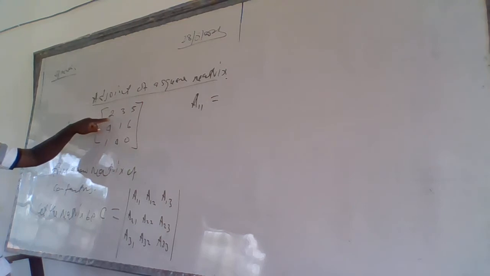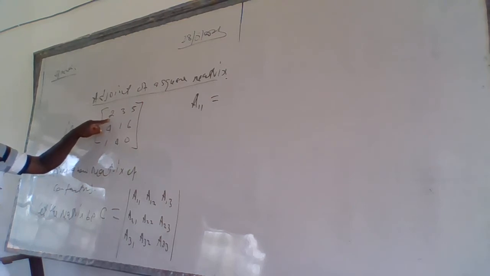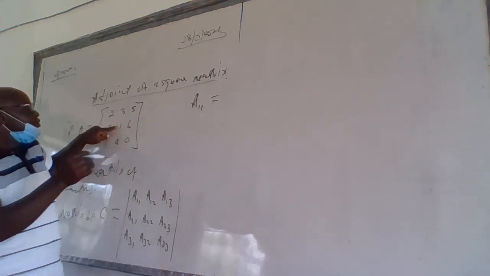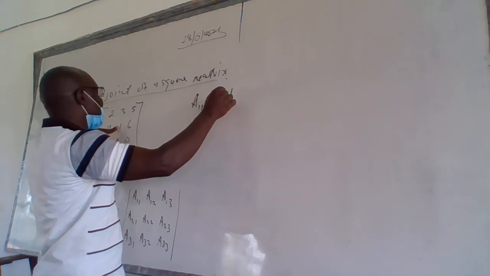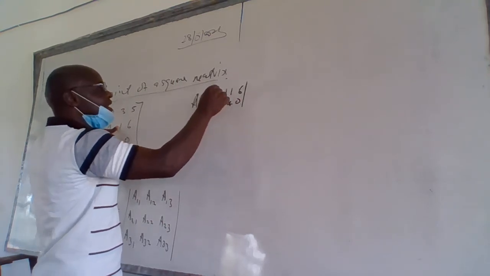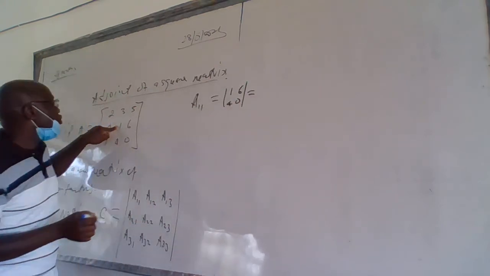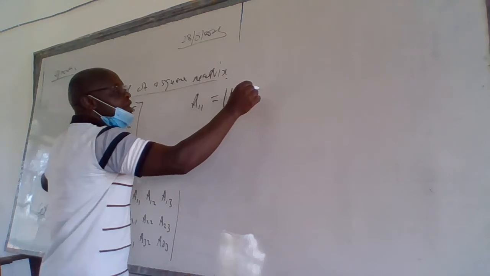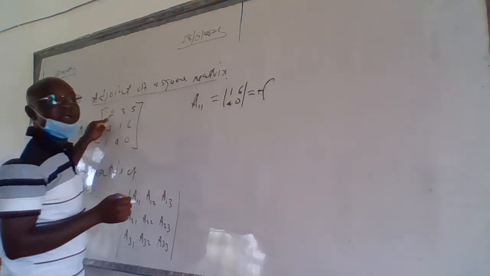so what is the minor for 2? The minor for 2 is 1, 6, 4, 0, okay? What is the place sign for 2? It is positive, isn't it? So you write positive like that, and then we open the bracket.